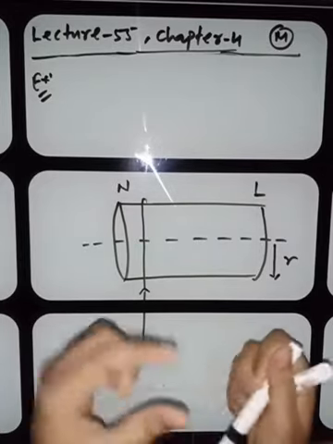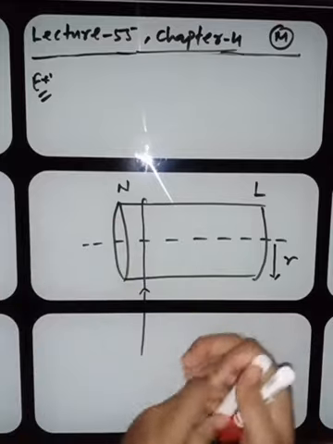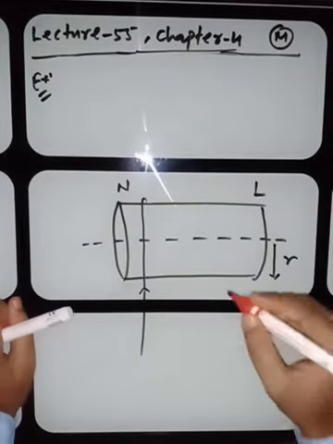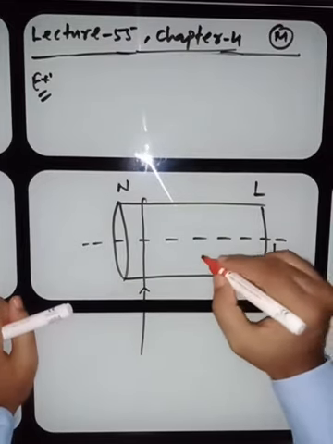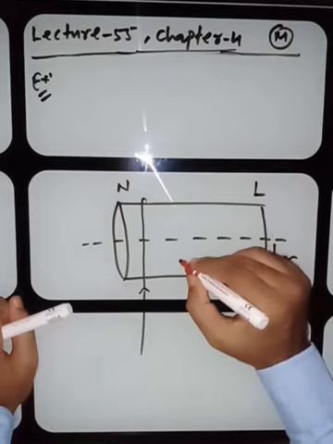A very small conductor is placed inside the solenoid. A current carrying conductor is placed inside the solenoid like this.